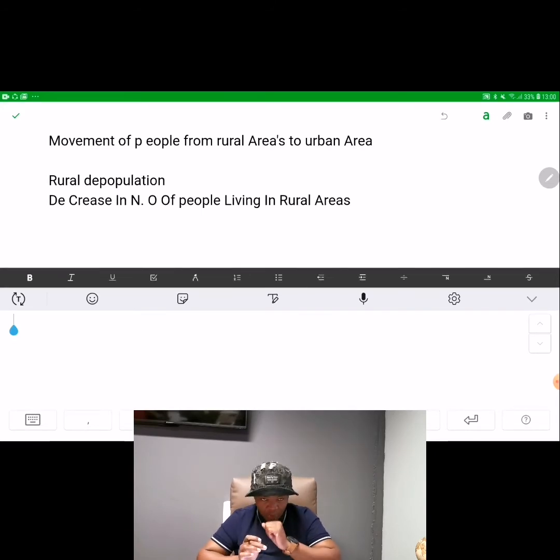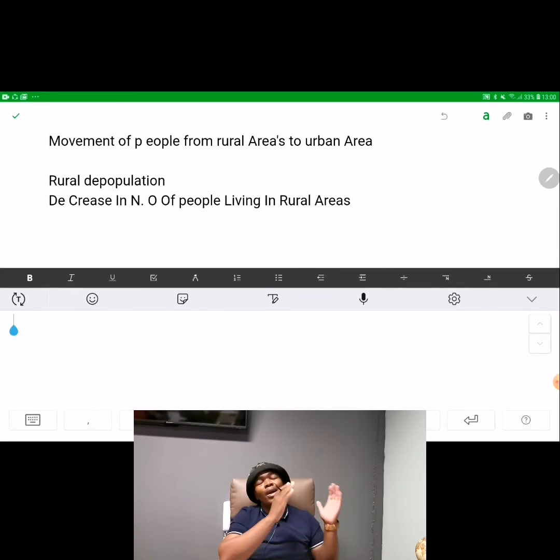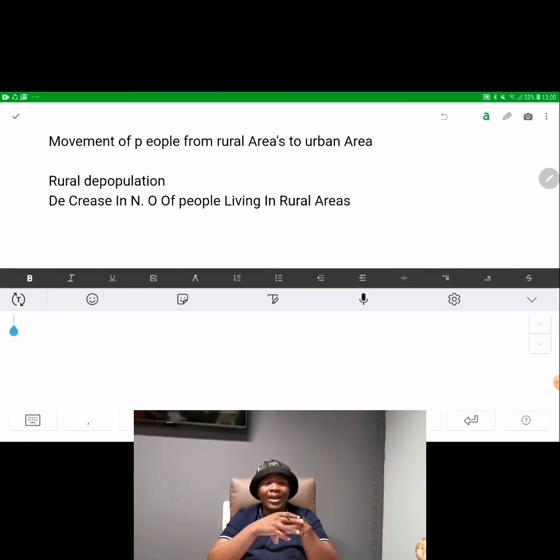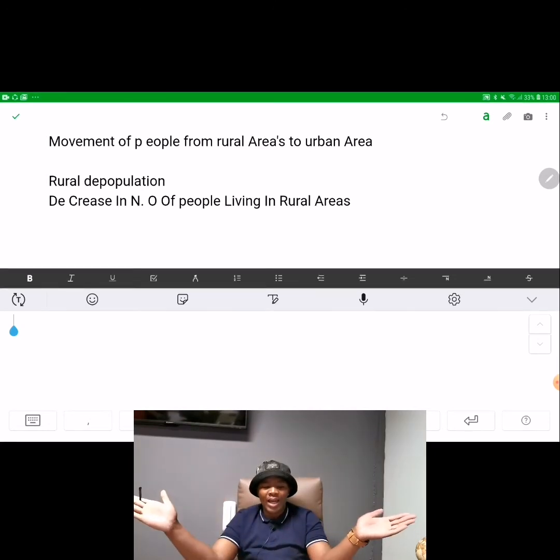People move from rural areas because of poor healthcare services, poor educational services, unemployment, and poverty, which is the major reason.